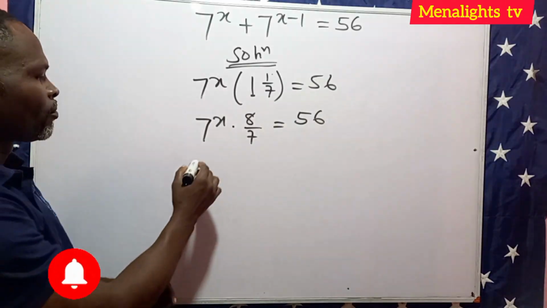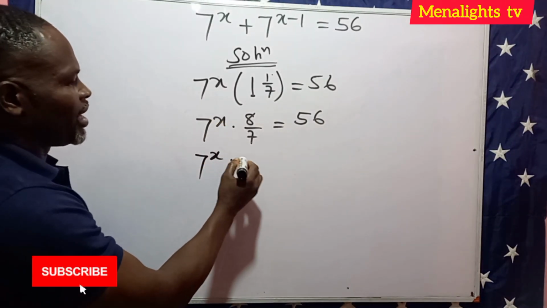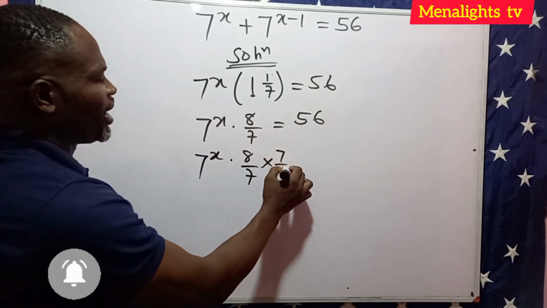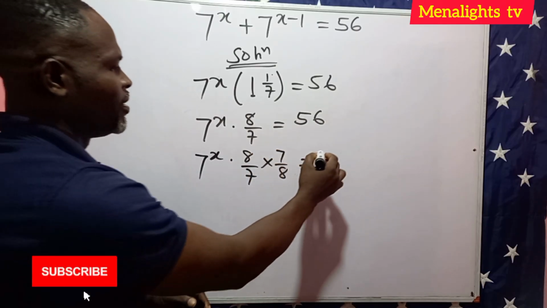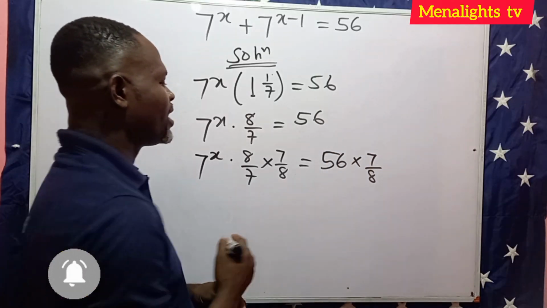Because of that, the 7 exponent x times 8 over 7 times 7 over 8 is the same as 56 times 7 over 8.